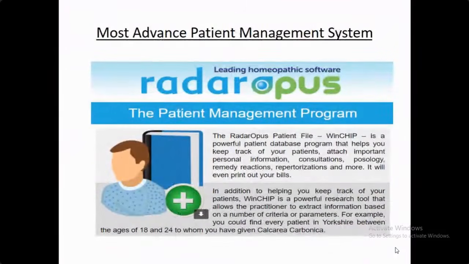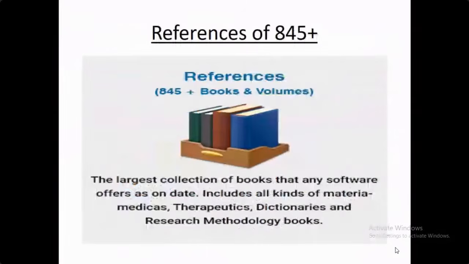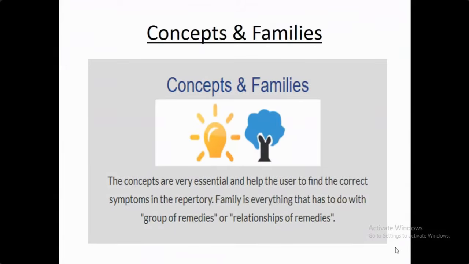It has WinChip advanced patient management, where you'll be able to take the administrative and the consultative sections separately. It has more than 800 plus references and documents. It has therapeutics, materia, comparative materia, then we have clinical cases, journals, and it's a very, very vast and rich section.